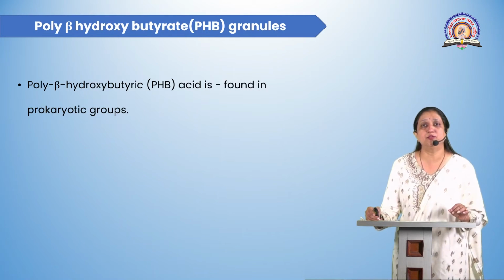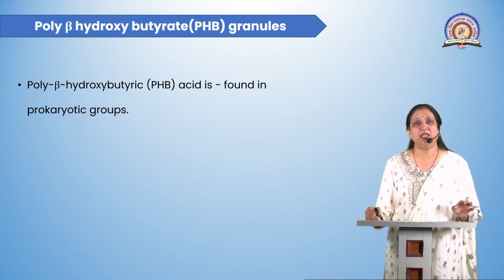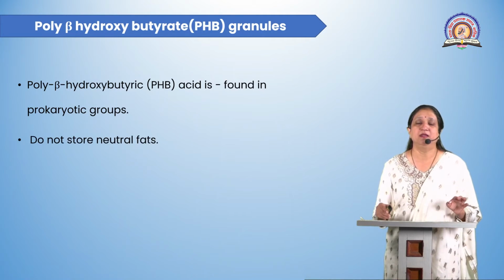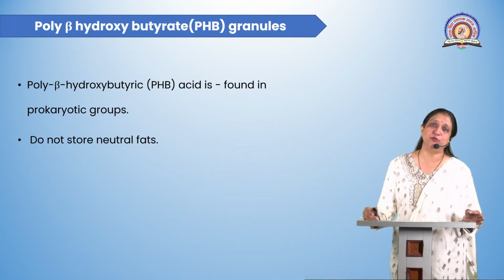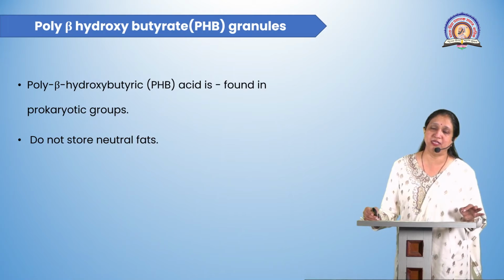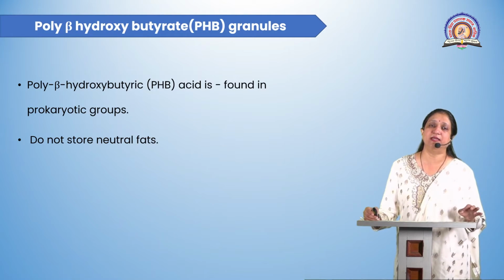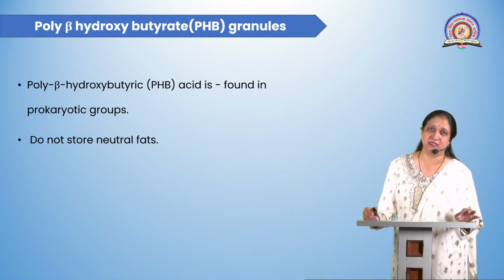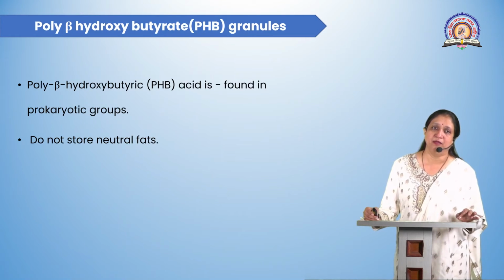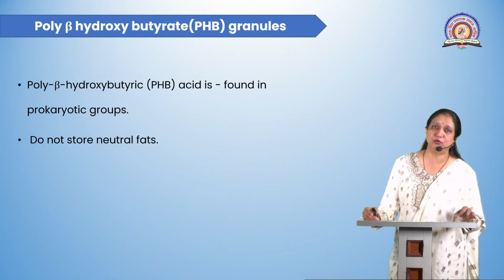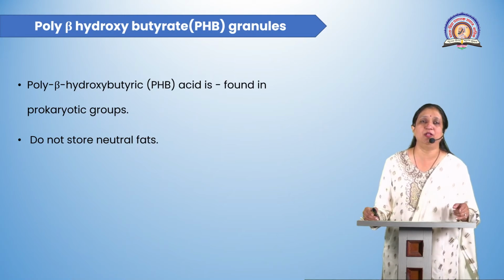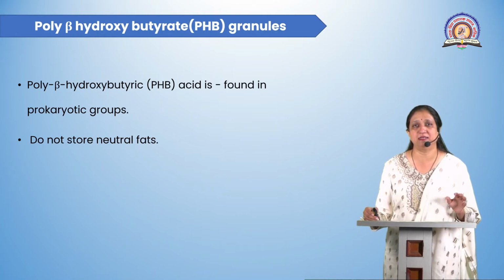Eukaryotic organisms do not produce the PHB granules. Right? But why do the eukaryotic organisms not produce the PHB granules? The reason is the eukaryotic organisms can store neutral fats in the body. But prokaryotic cells cannot store the neutral fats, and therefore they store the fats in the form of poly-beta hydroxybutyric acid granules.